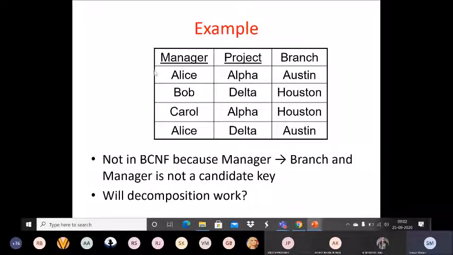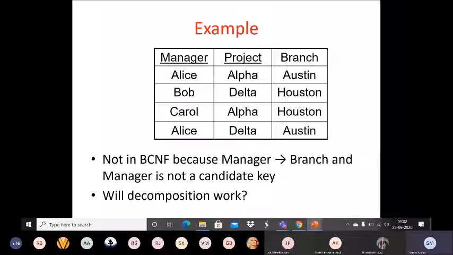Manager and project is your whole candidate key. You understood? But here manager can determine a branch, so it is not in BCNF.